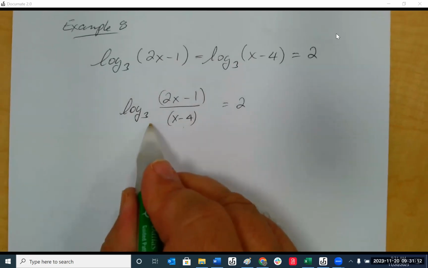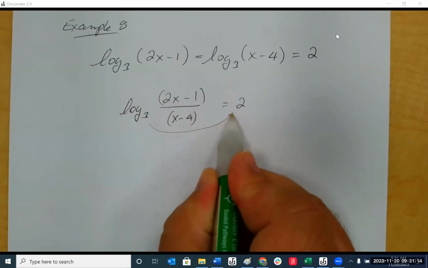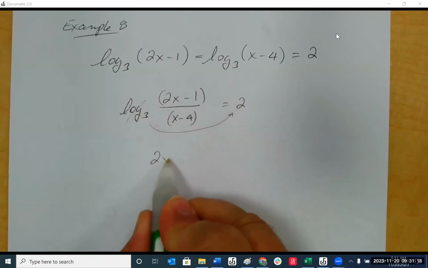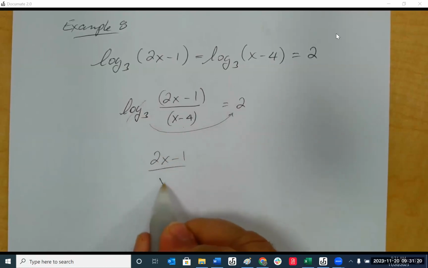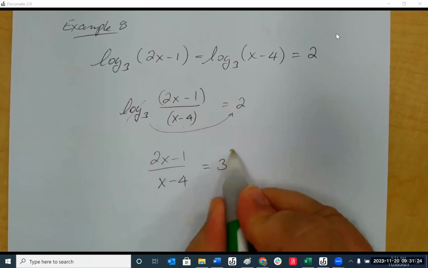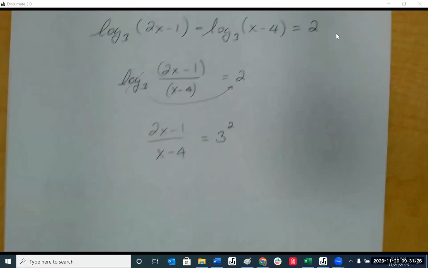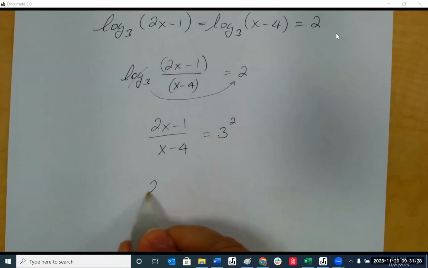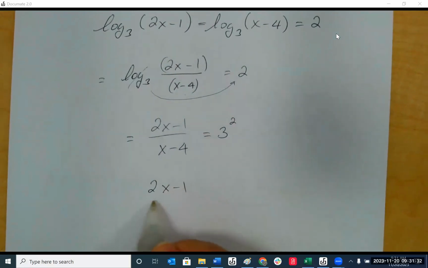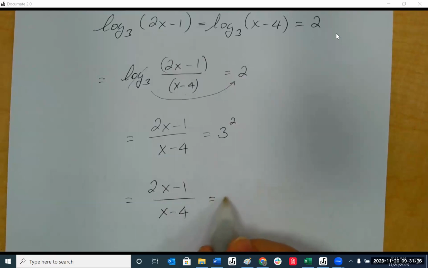So let's convert this to exponentials. The 3 comes over here, the log drops off, so we have 2x minus 1 over x minus 4 equals 3 to the power 2. Two x minus 1 over x minus 4 equals 9.